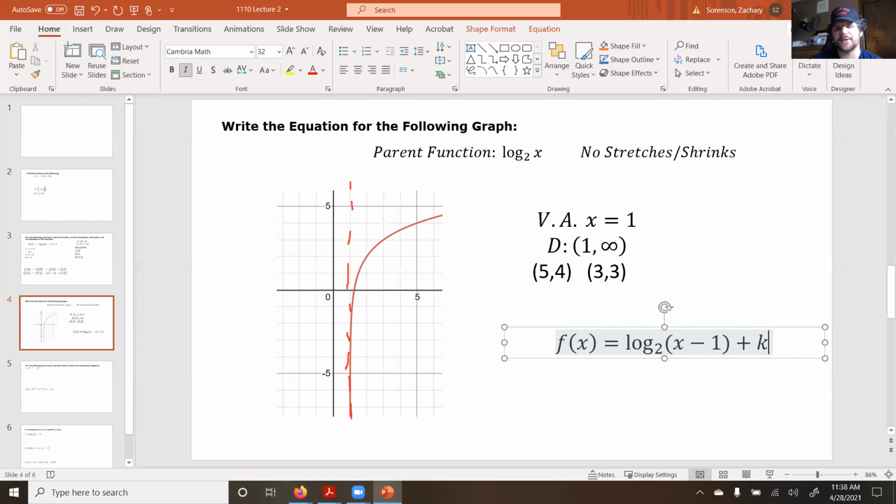There's some piece of information above my function that I haven't used yet. Okay, maybe I'll steer it a little bit more. How can I use this information?